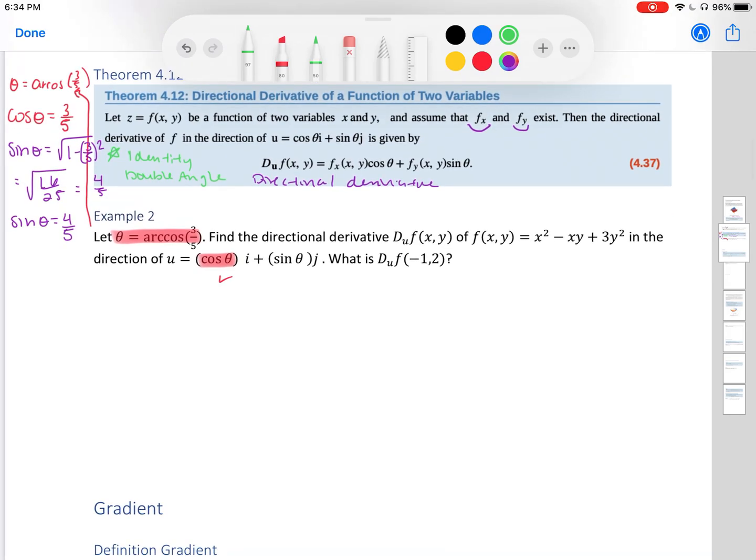Okay, so we found those angles we're working with, and then we just lightly highlight them. So I have sine and cosine. Now next, I want to find my partial derivatives in terms of x and y.